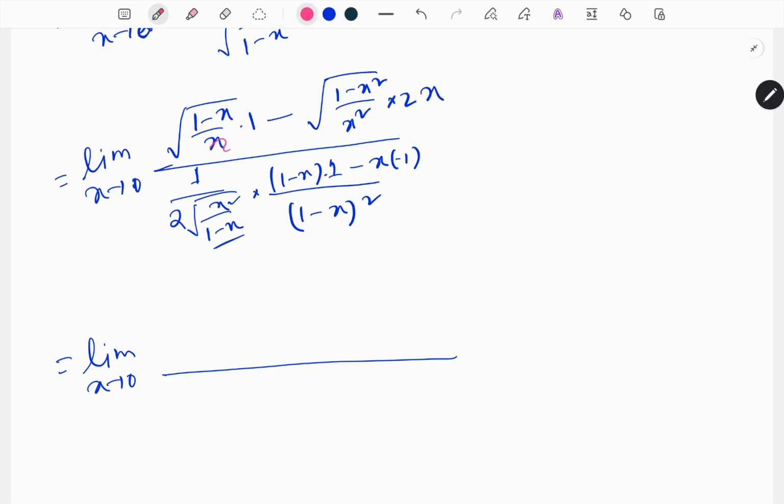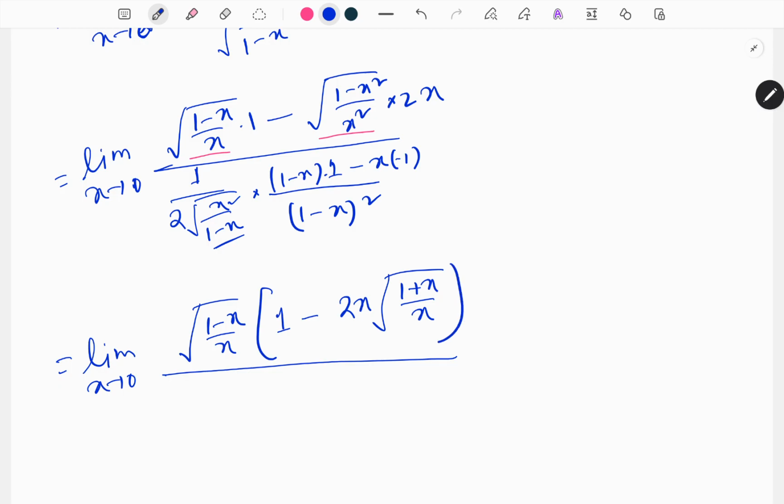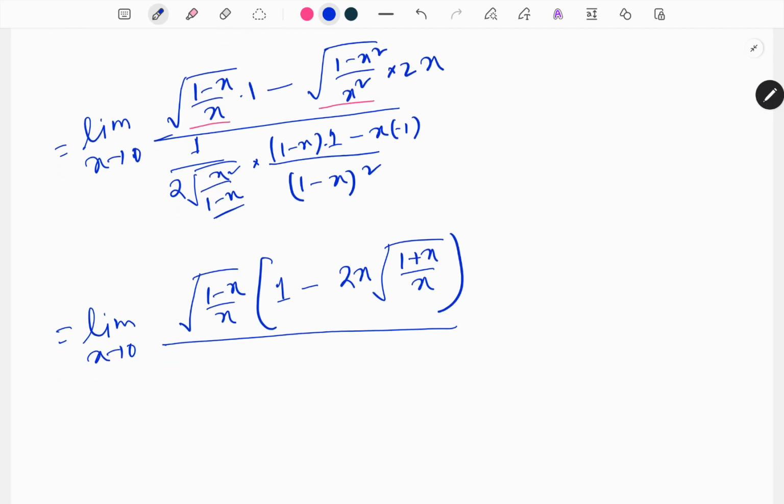Now see here, we can take square root of (1 minus x)/x as common. If you take this common, 1 will be left, minus 2x times square root of (1 plus x)/x, and in the denominator we have 1/2 and square root of (1 minus x)/x, since this is in the denominator, and we have here (1 minus x).